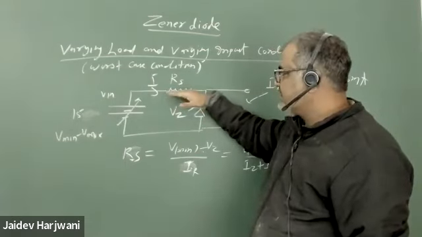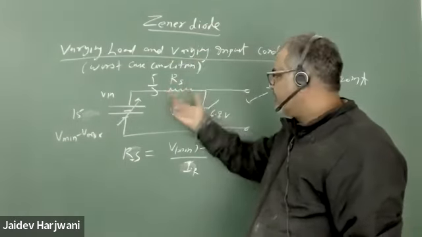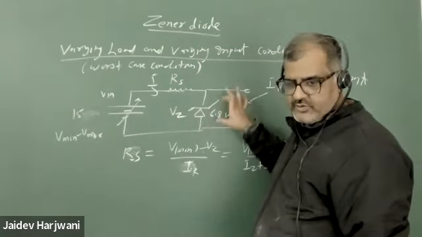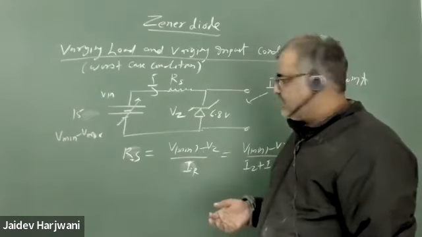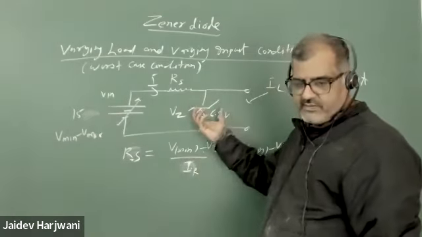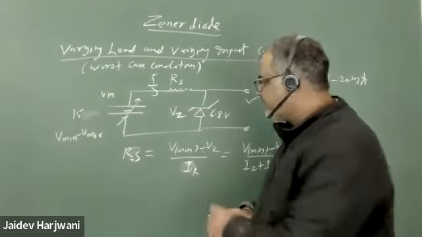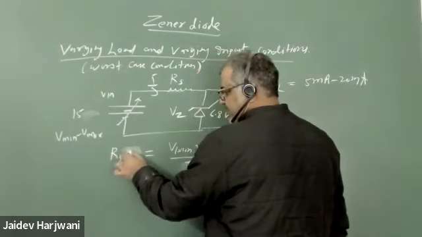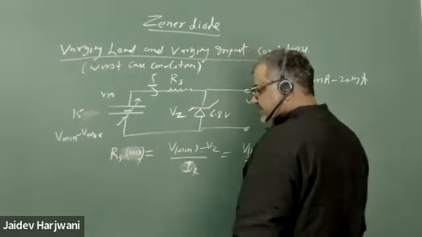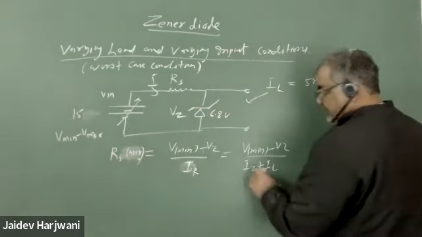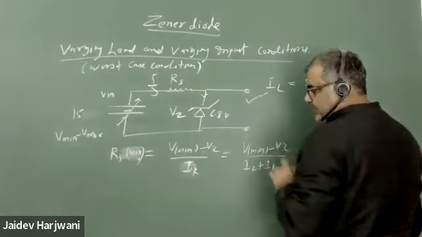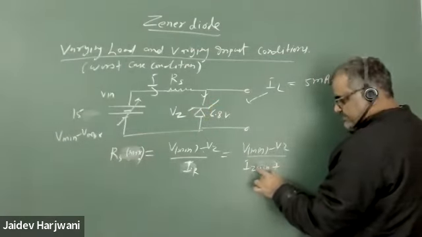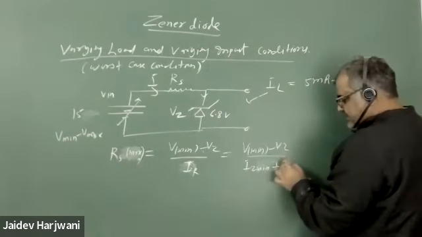If RS is above a range, then this will make the diode come out of breakdown conditions, so it will not be conducting. So there is a maximum limit, and I can calculate that RS max. RS max should correspond to the minimum current required for the diode to conduct. So I can write IZ minimum plus, once this is minimum, automatically the load becomes max, IL max.